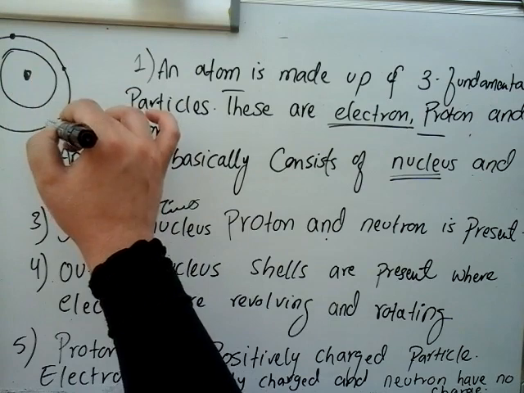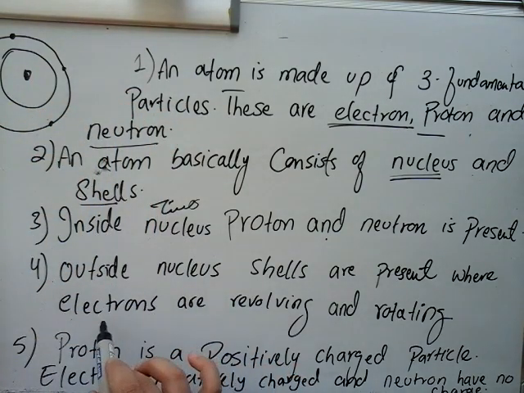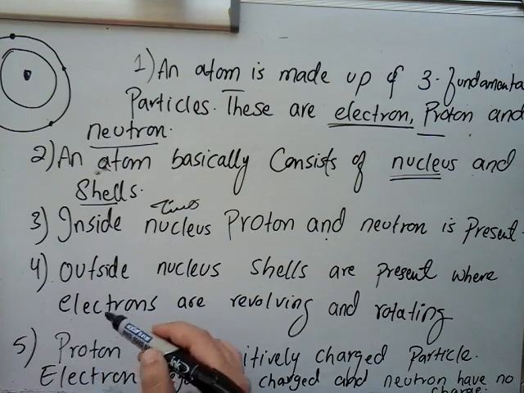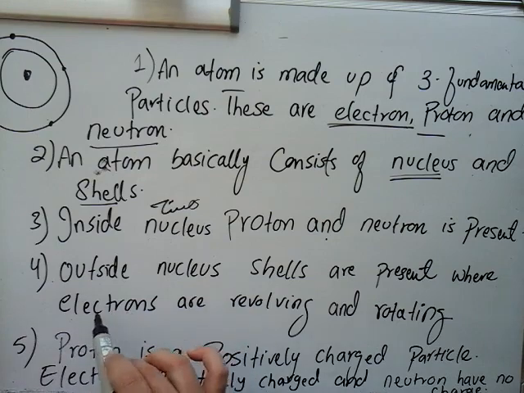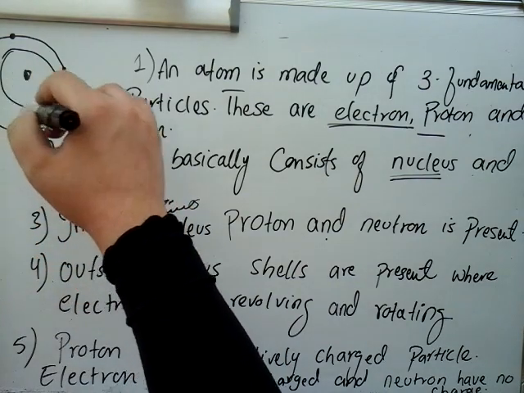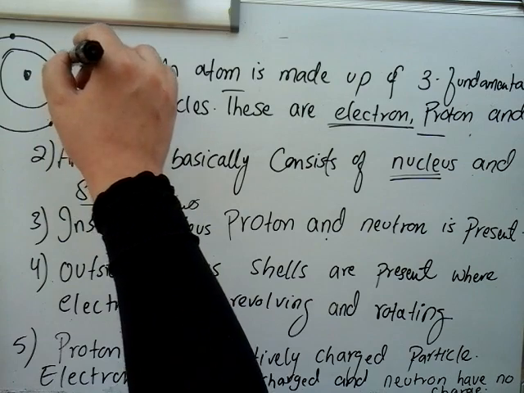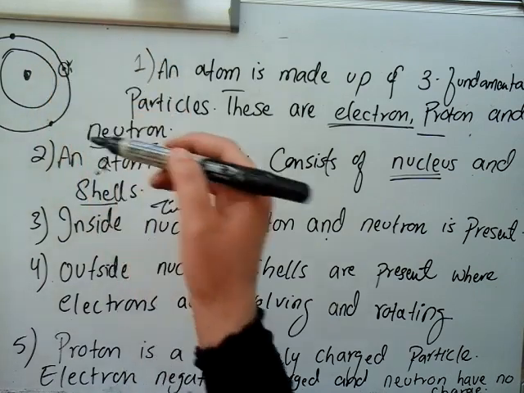Keep in mind, the electron is a moving particle. It is not static. It moves around the nucleus, and it also moves on its own axis, that is, rotating.